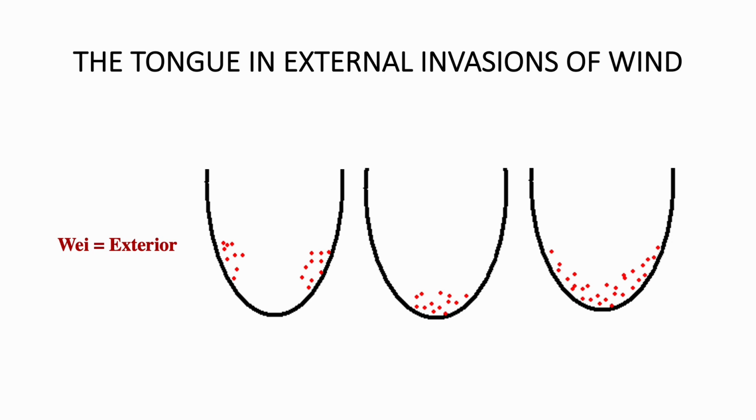In the very beginning stages of invasion of wind, the coating is white even with wind heat. In other words, in the context of external invasions of wind, a white color of the coating indicates the early stage of invasion, whereas a yellow color indicates a later stage.